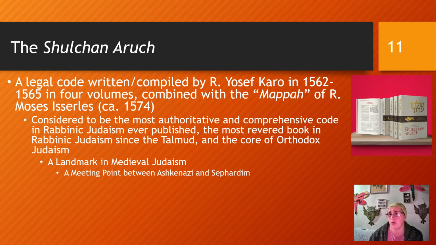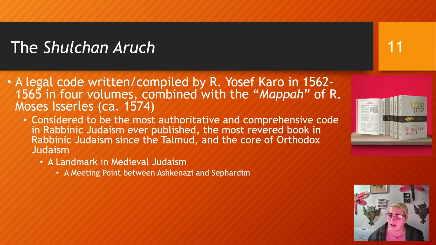So the Shulchan Aruch may have only appealed to Sephardic Jews had not Moses Isserles out of Poland been working on a codification of his own at the same time, heard that Yosef Karo had published this massive work and went, well, damn, he made it there first.